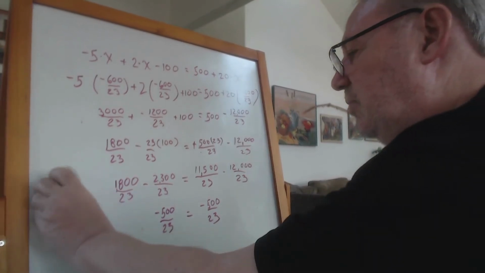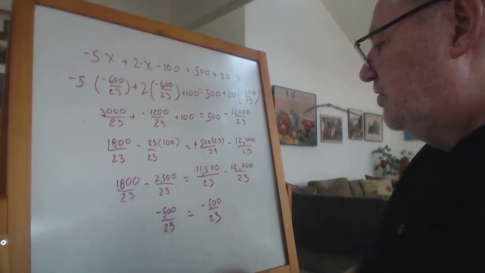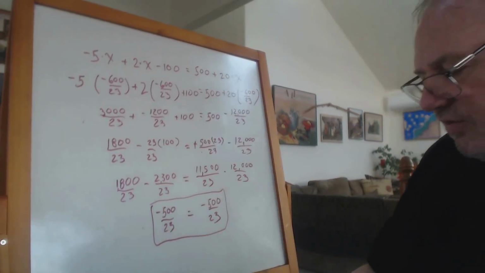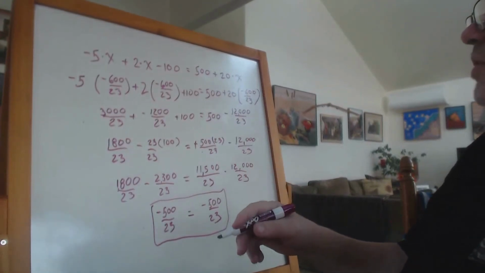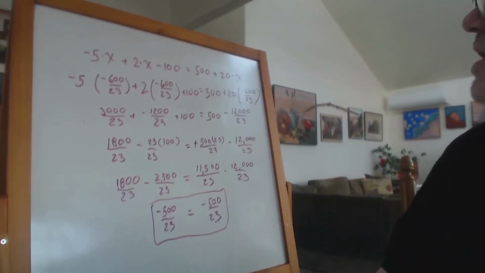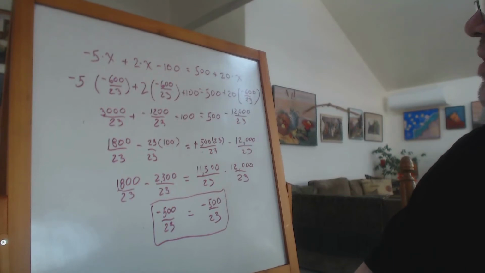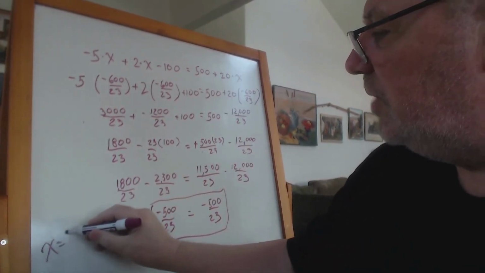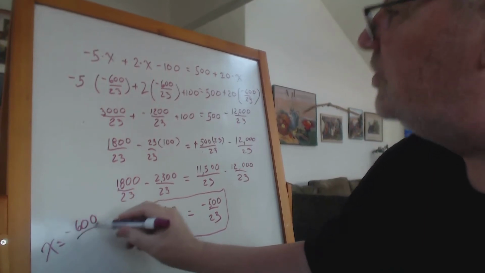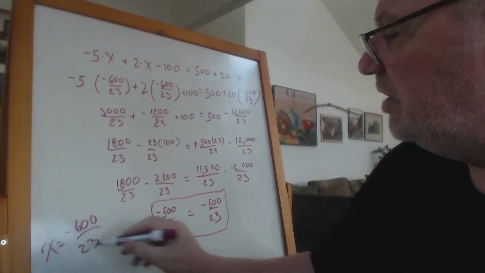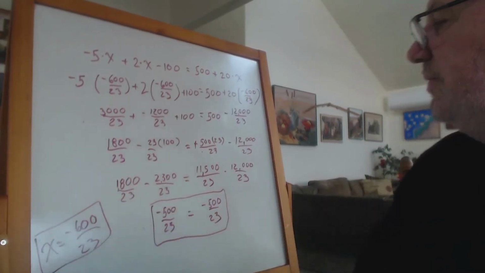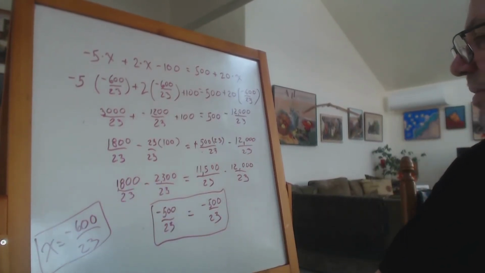So it works. This holds. We get the same answer. We kept the balance. So we found that our answer, x equals minus 600 over 23, is the correct answer. And we were able to confirm it.